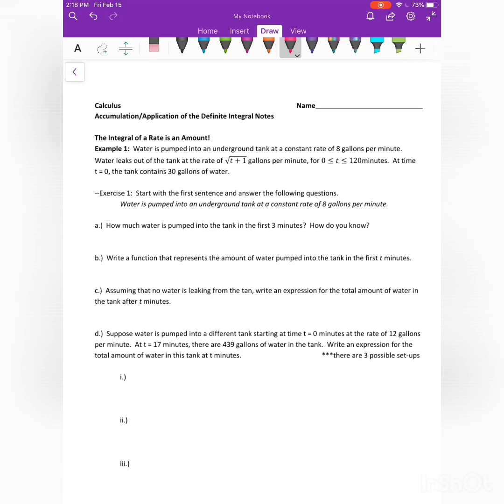So we're going to start with just the fact that water is being pumped into the tank at a constant rate of 8 gallons per minute. That is really the rate they give us. It asks how much water is pumped into the tank in the first 3 minutes. Well, this is an easier calculus problem because it doesn't change. It's constant.